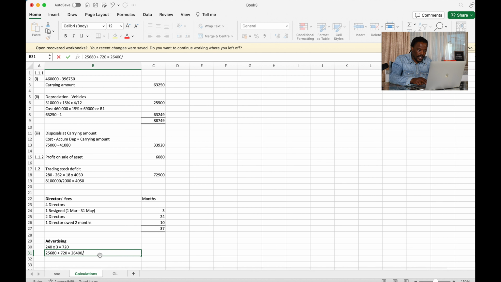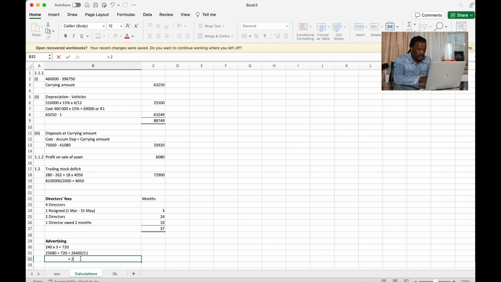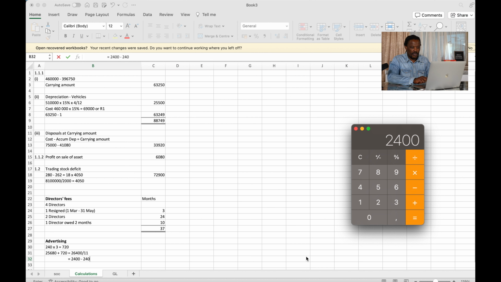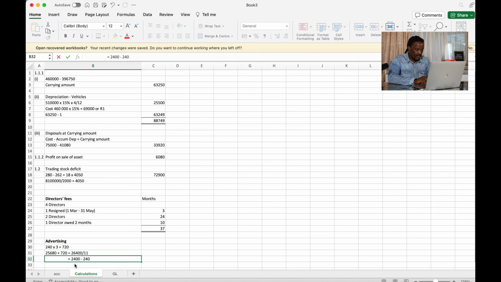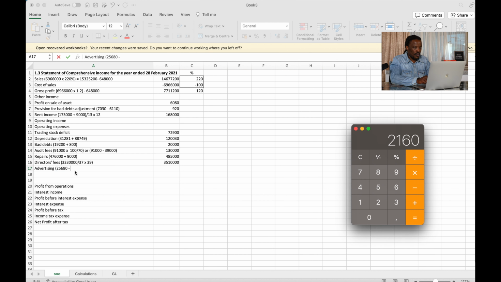Now, this 26,400 represents how many months? 11 months, so divide by 11, which is 2,400, minus the decrease of 1 month, because it was decreased, to 160. Therefore, advertising must minus 160.